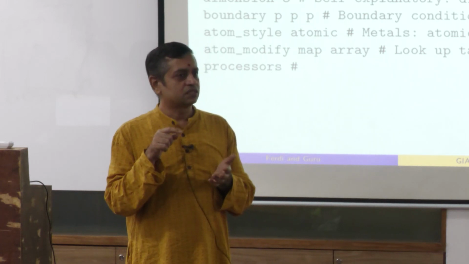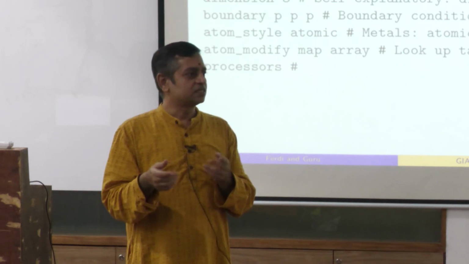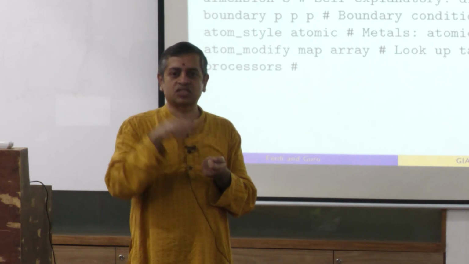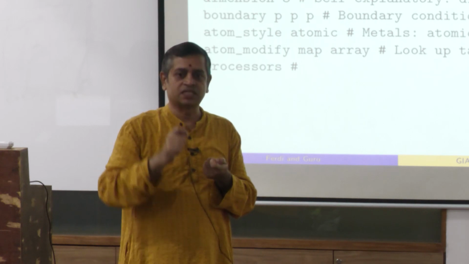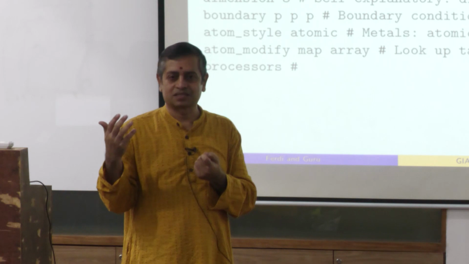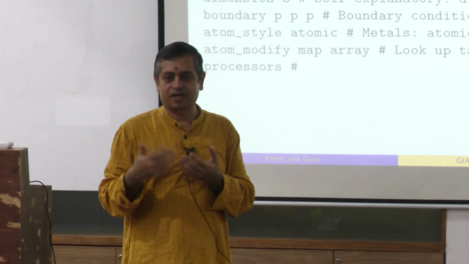Because I am looking at pair potentials, and because I need to know within the cutoff distance which are all the other atoms for which I have to calculate the pairwise interaction, typically one generates what is known as a neighbor list, and that neighbor list is updated once in a while.